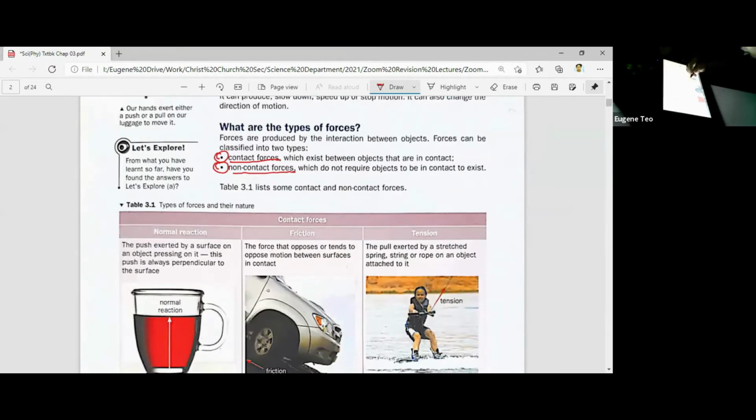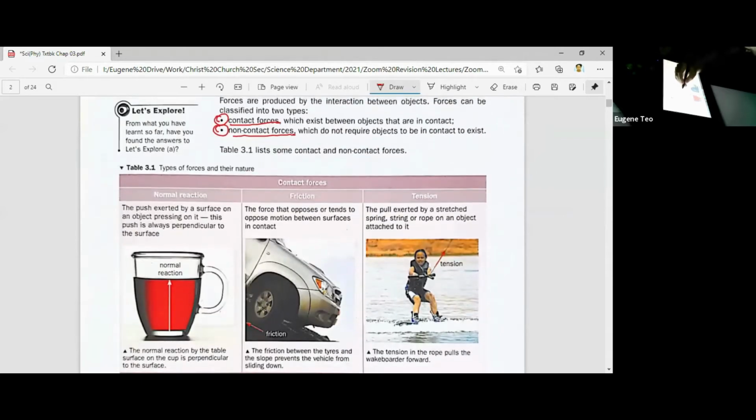So what are the contact forces that we have? The first one is the normal reaction force. This is a push exerted by a surface on an object pressing on it. Do take note, look at this sentence over here: this push is always perpendicular to the surface.